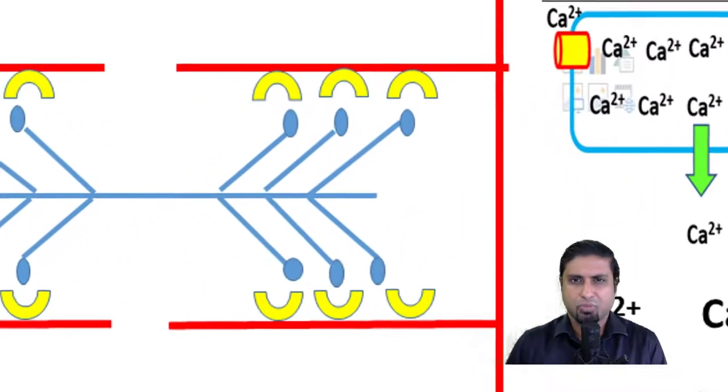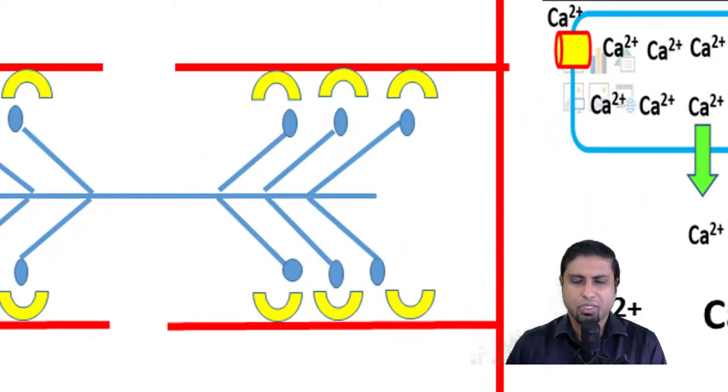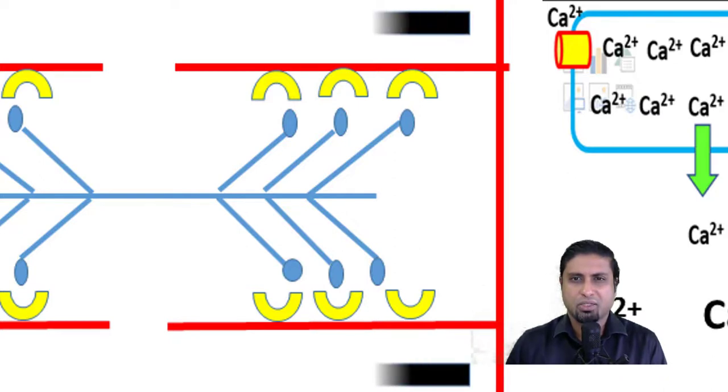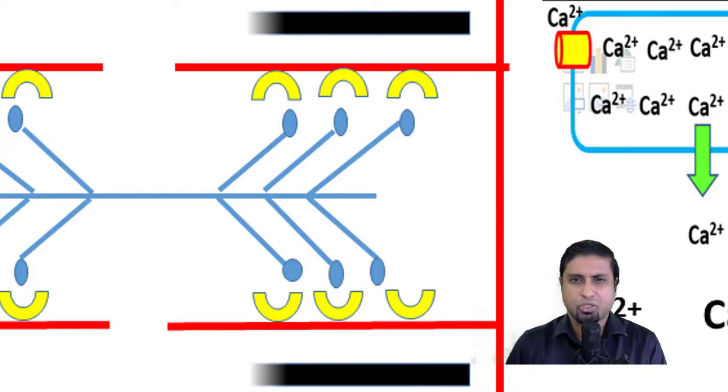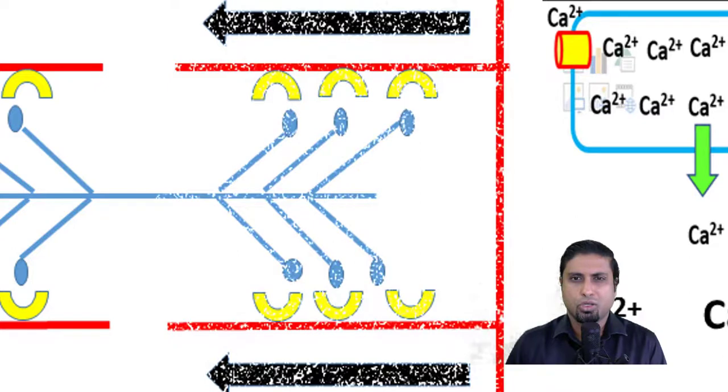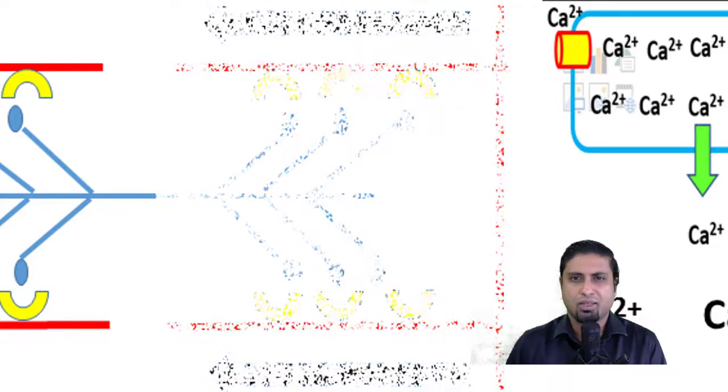If we look at this particular side of the sarcomere, we can see that the myosin heads are going to interact with actin and drag the actin molecules towards the midline, and in doing so, it will drag the Z line towards the midline. So it will drag the Z line in that particular direction, and the net result would look something like this.